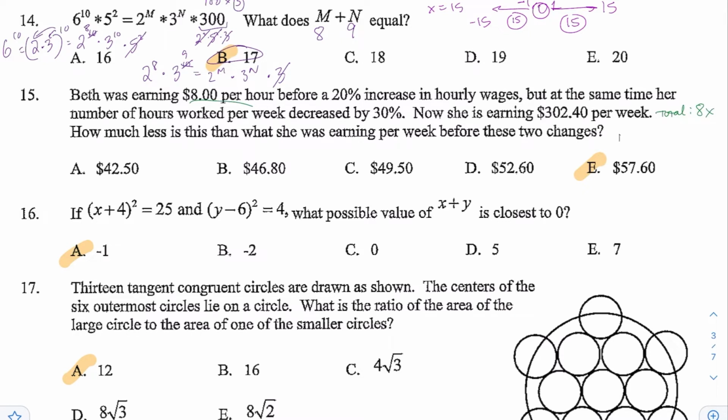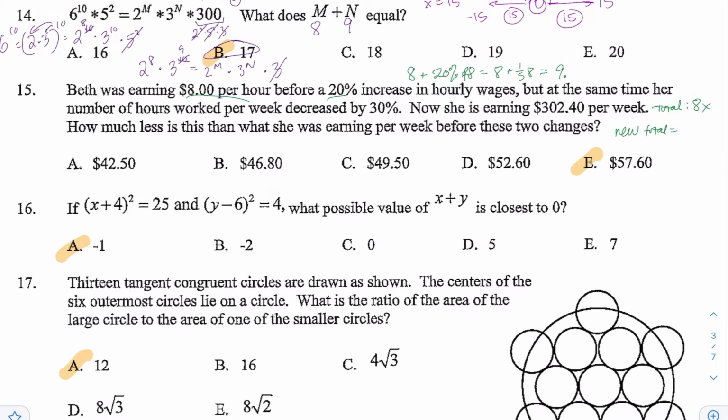But now, instead of earning $8 an hour, it increased by 20%. So 8 plus 20% of 8 is really 8 plus 1/5 of 8. So if you take 20% of 8, or 8 divided by 5, that's 1.6. Added to 8, that would be a new rate of $9.60. But the number of hours worked decreased by 30%.